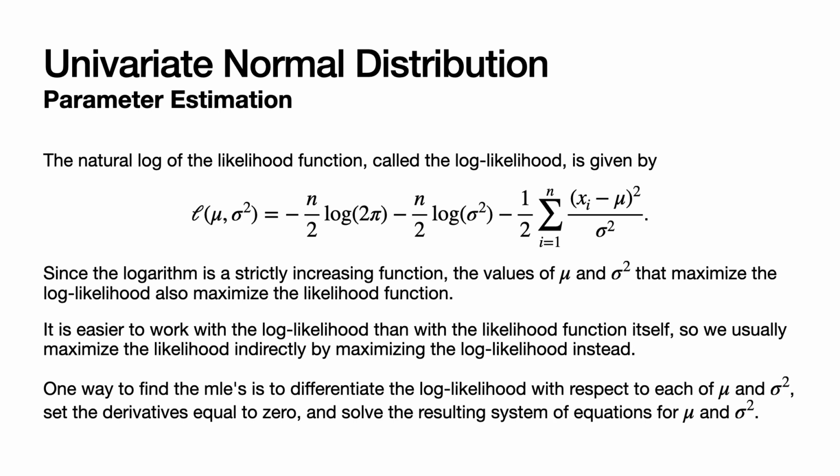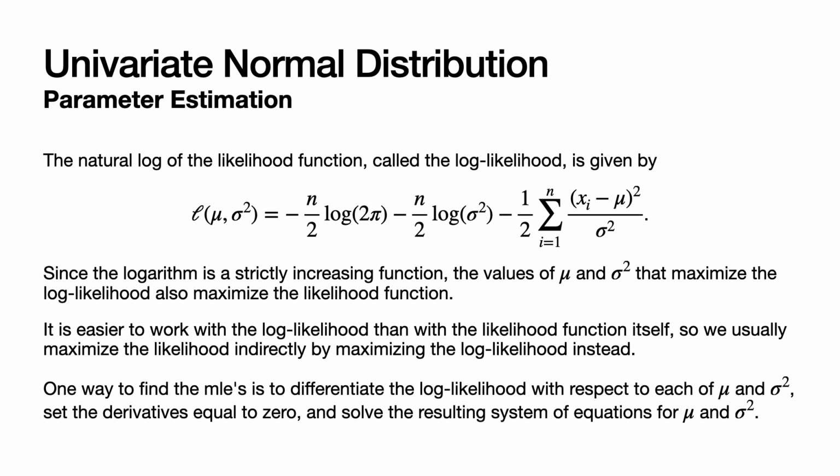Now, since the logarithm is a strictly increasing function, the values of mu and sigma squared that maximize the log likelihood will also maximize the likelihood function itself. In addition, it turns out to be easier to work with the log likelihood function than with the likelihood function itself, because if you look in the expression for the log likelihood, we're dealing with sums, whereas in the likelihood function itself, we're dealing with products.